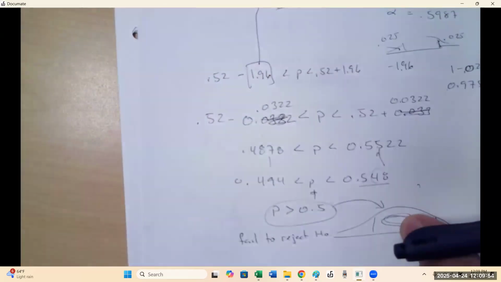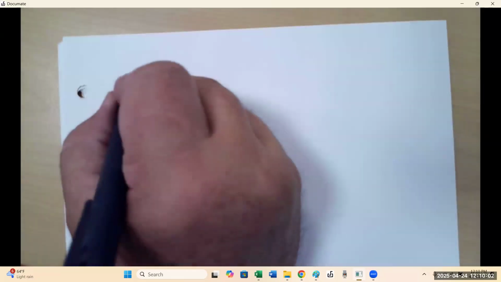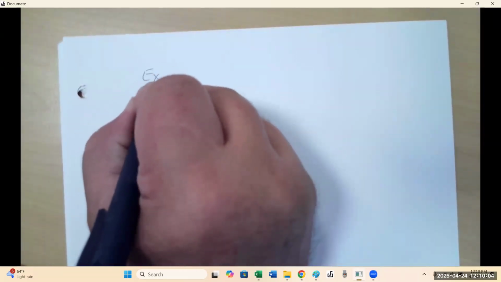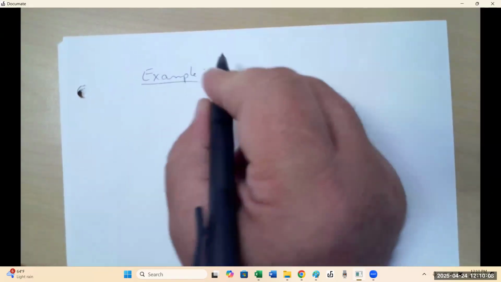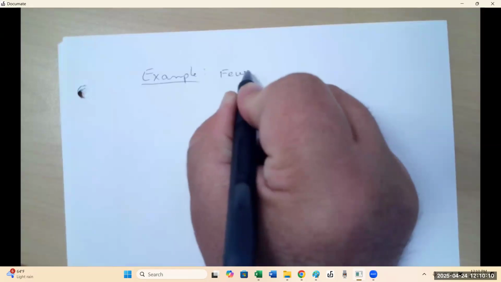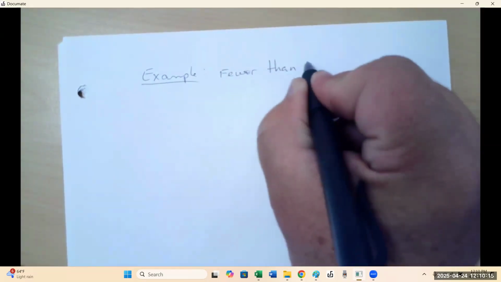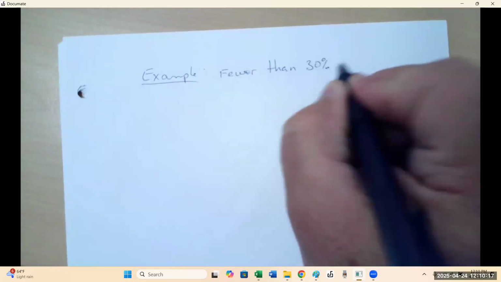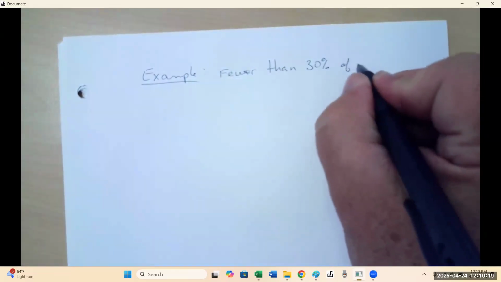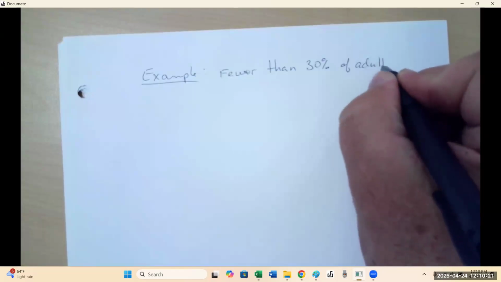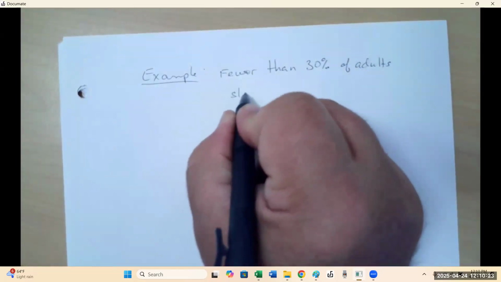Let's do one more example. Fewer than 30% of adults sleepwalk.